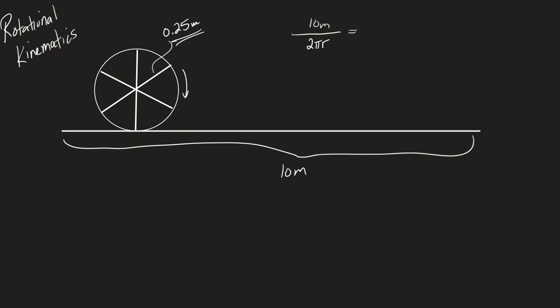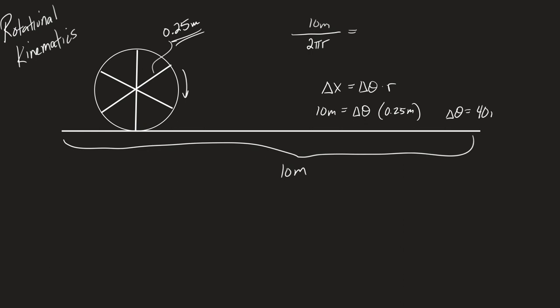At one point when we were doing centripetal acceleration, I talked about a conversion between angular measures and linear measures. We could do it this way. It's 10 meters. We're looking for delta theta, the number of rotations made. And we know that the radius is 0.25 meters. This would work. The problem with this answer is it gives me my value in radians.